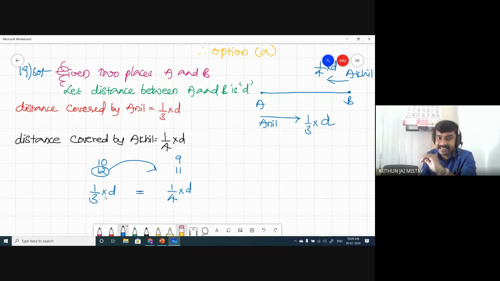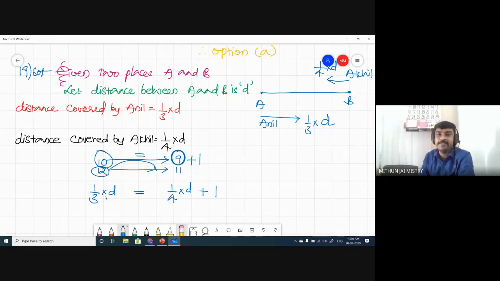But I am trying to keep an equals to symbol there. To do that, I have to add 1 here. Why? Because 10 is not equal to 9, but 9 plus 1 is equal to 10. And 11 plus 1 is equal to 12. Then only it will be equal.